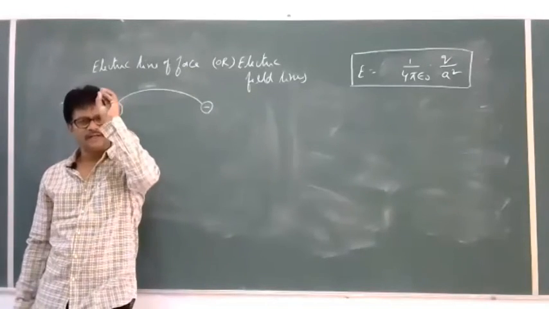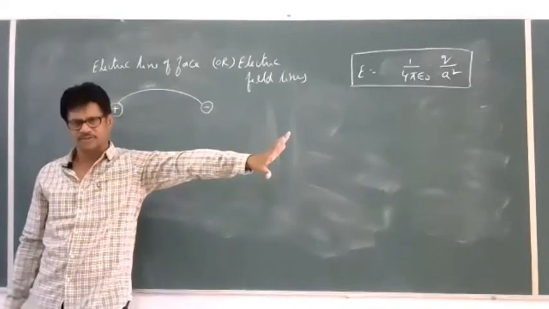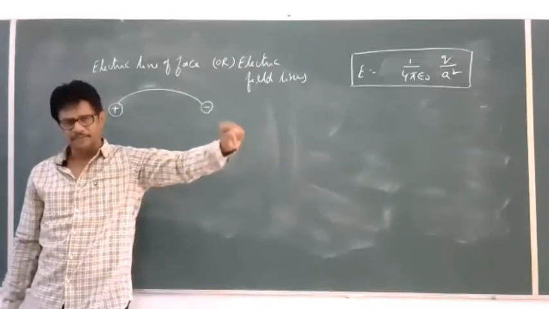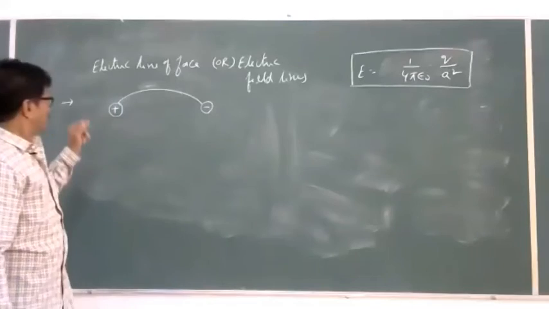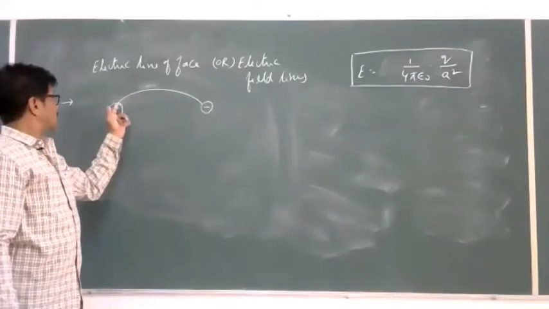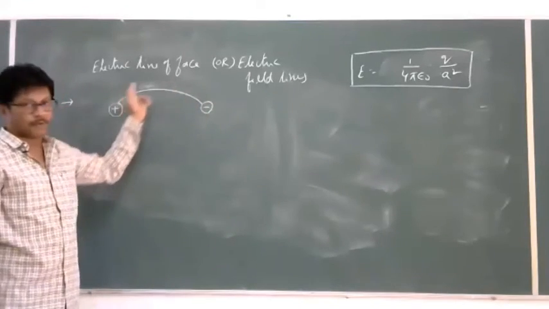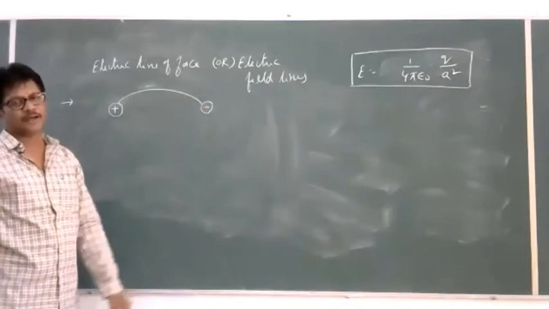Now, these electric line of forces will always travel from positive to negative. It follows a parabolic path.